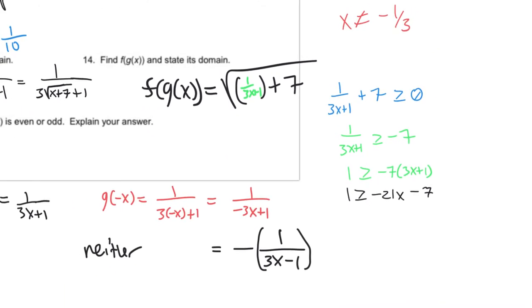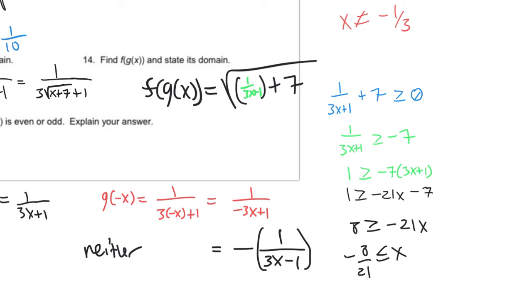Then we could add 7 to both sides and we would get 8 over there and we'd have negative 21x. And then we could divide both sides by that negative 21. Now when you divide both sides of an inequality by a negative, you have to flip the direction. So it's going to be x is greater than or equal to negative 8 over 21.